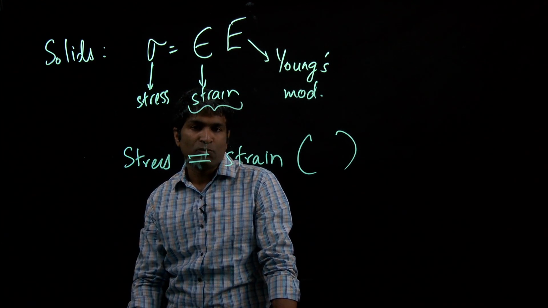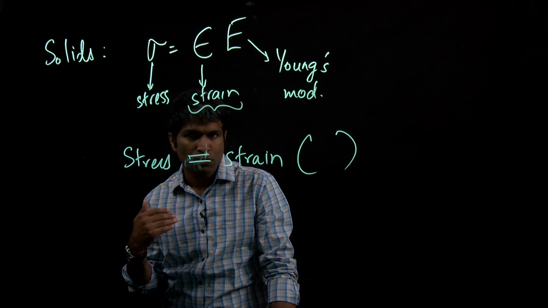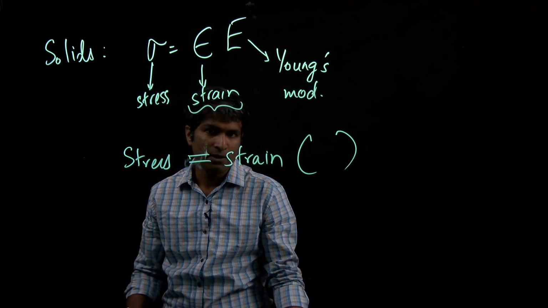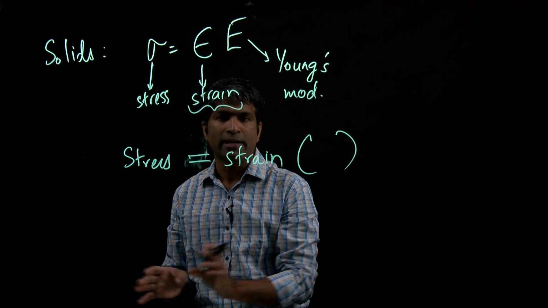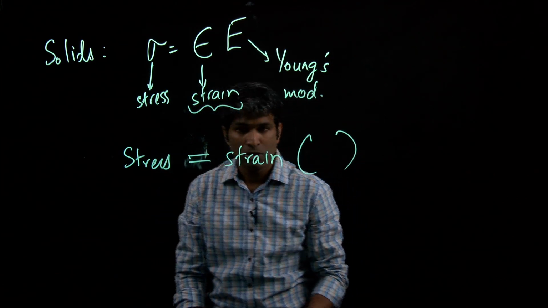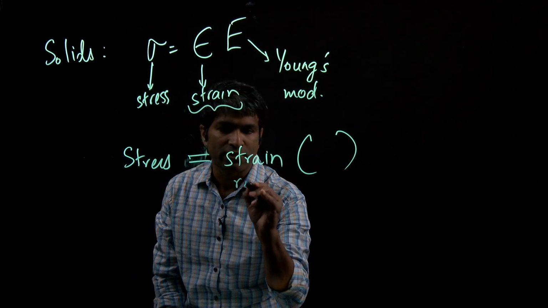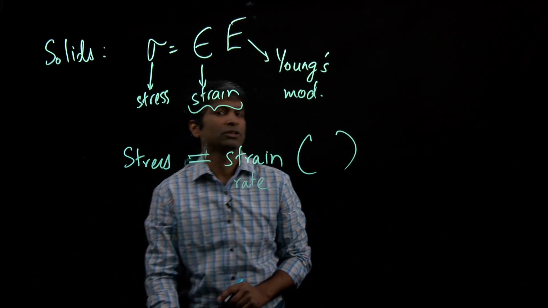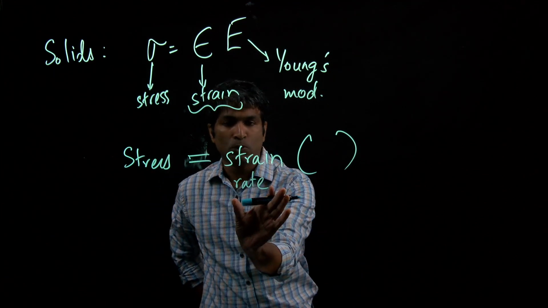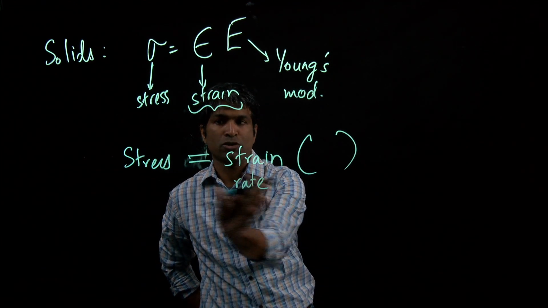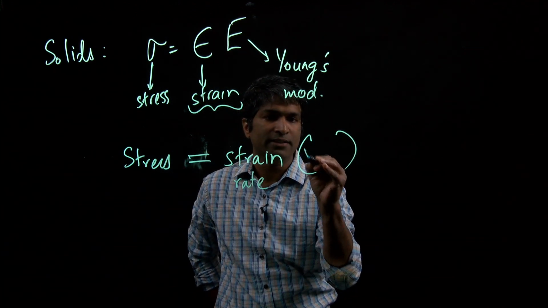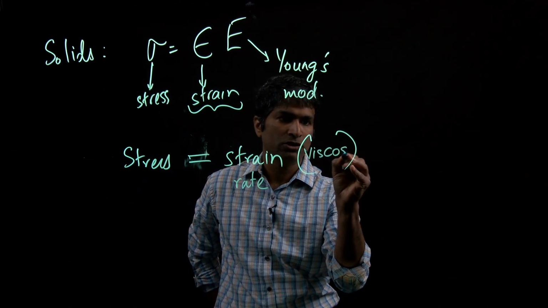In fluids, we know that as long as you apply shear stress, the fluid will keep deforming. So there is no strain. The strain can be infinite if you keep applying the stress. So what we really need is a strain rate, the rate at which the fluid deforms, and that's what we want to express as a function of the applied stress in terms of this quantity, and that is essentially the viscosity.